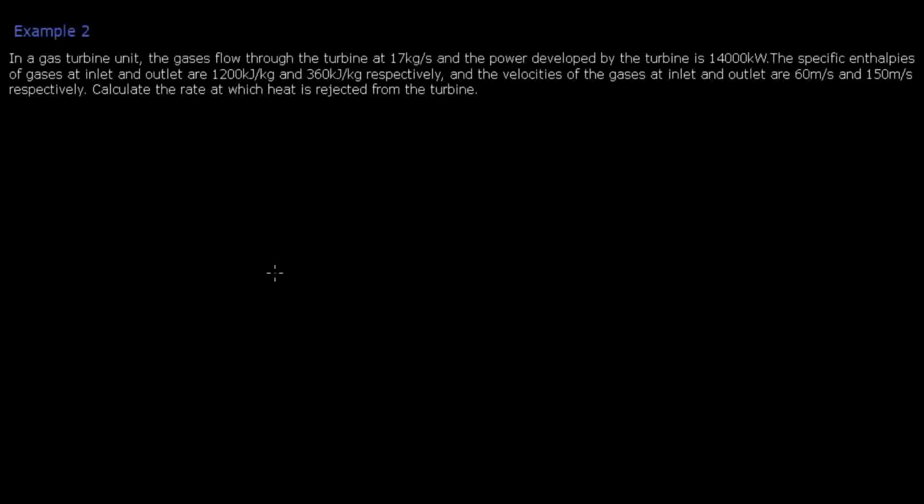Now, as you can see, this is a typical example of the steady flow energy equation. So how do we go about this? First of all, you write your parameters.